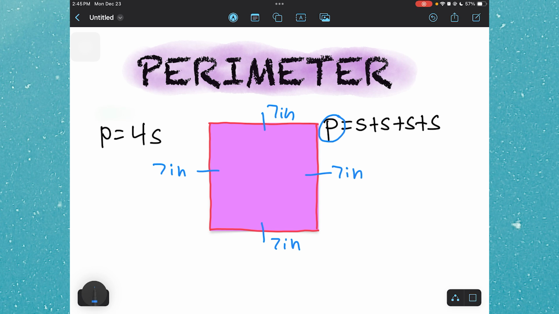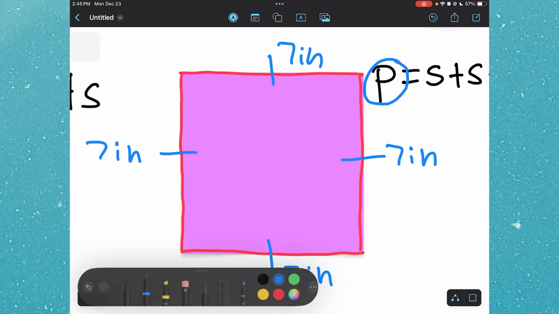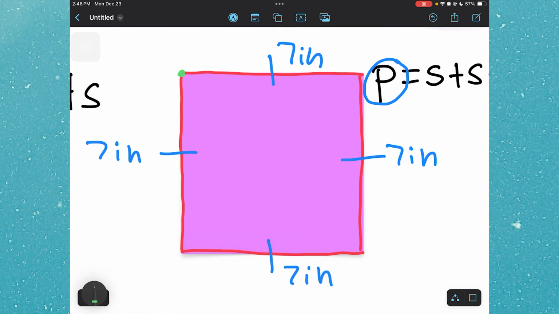So the way I like to do this is by pretending that I shrink into a tiny, tiny little ant, and I want to run around this square. So if I start here, and I run all the way to this other end, I run 7 inches. If I run down, I run 7 more inches, and so far I've run 14 inches.